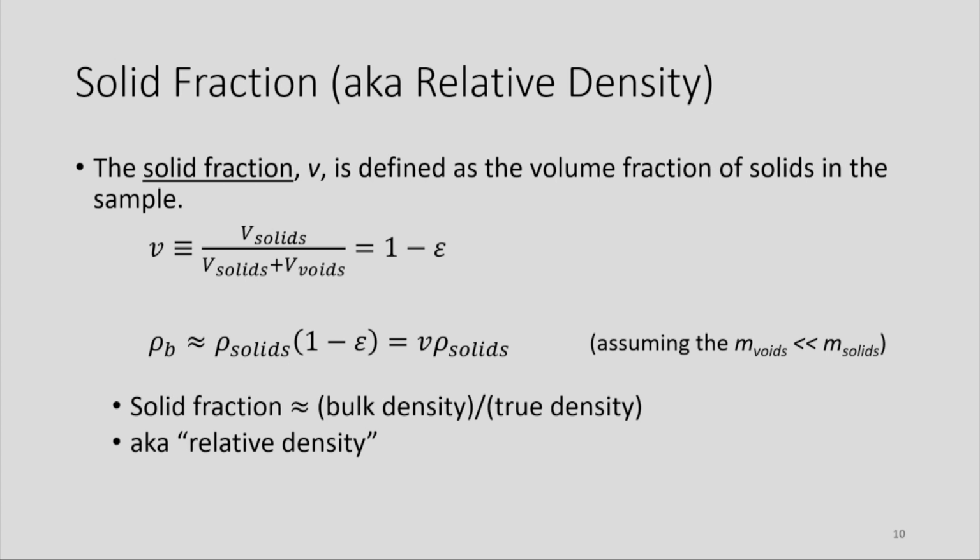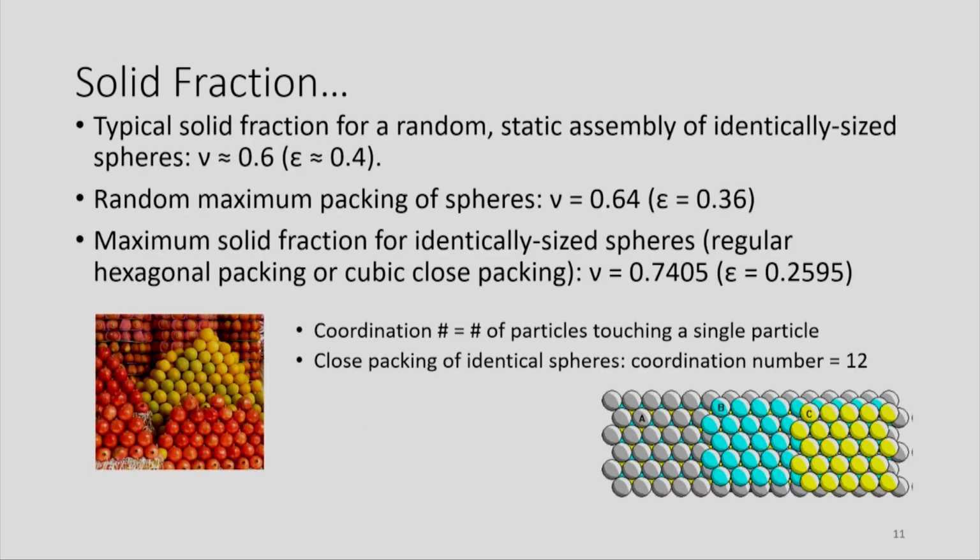Any questions so far? Solid fraction, I'm not sure if you have studied packing, random packing, or packing and probability. In general, the maximum solid fraction for spherical, identical-sized particles is about 0.74.